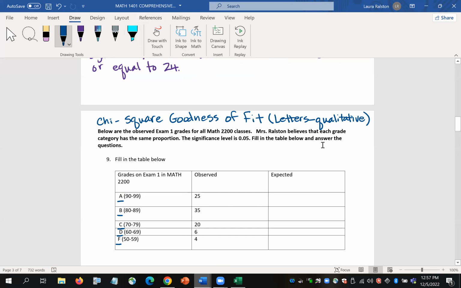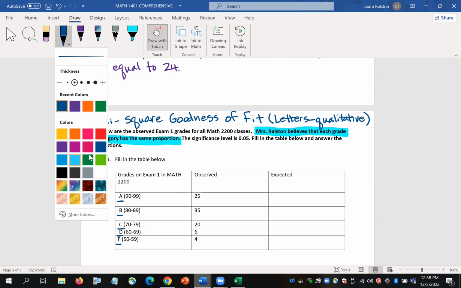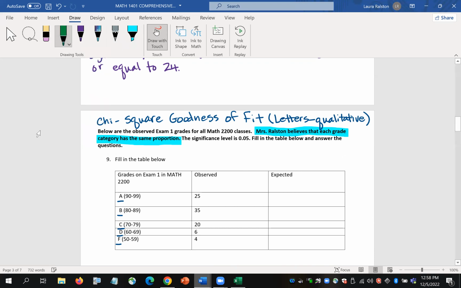Ms. Ralston believes that each grade category has the same proportion. The significance level is 0.05, and then it says fill in the table. Remember, we look for those words like believe, think, conclude. So this sentence, that Ms. Ralston believes each category has the same proportion, is my hypothesis. Again, it uses the word same.